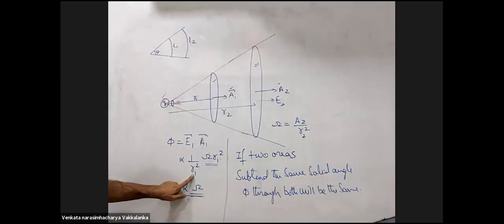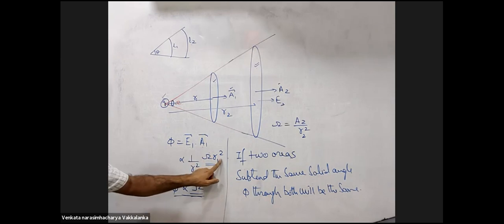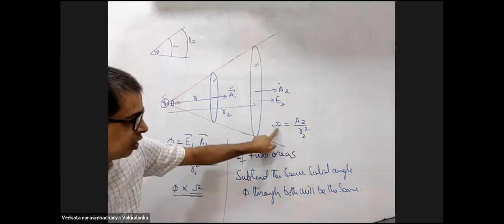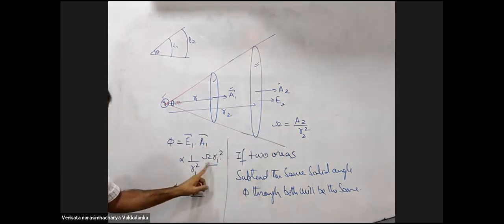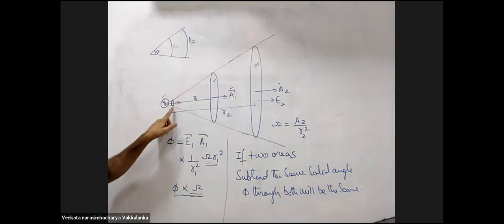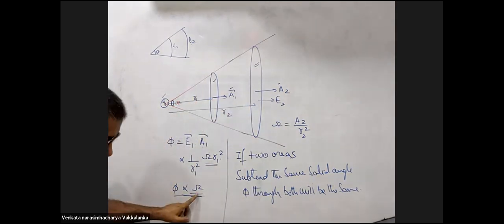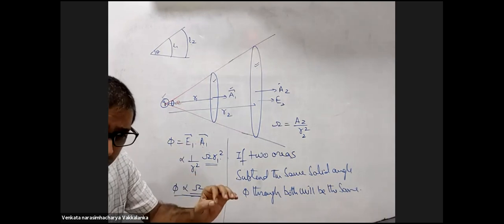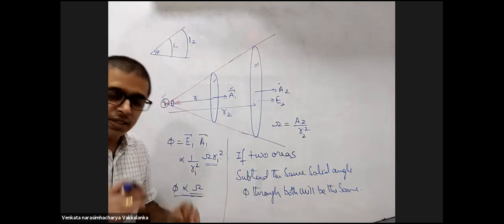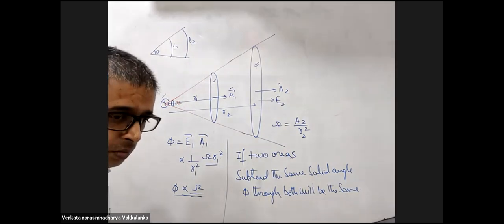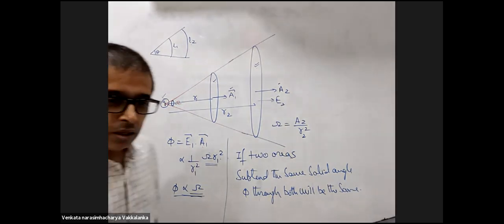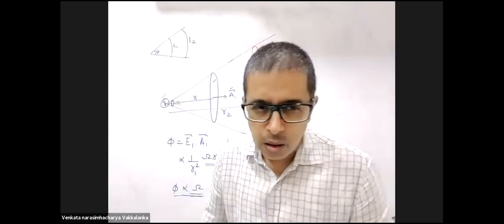Field is inversely proportional to r square, area directly proportional to r square. So if two areas subtend the same solid angle, flux through both of them will be the same. Till here is it clear to all? Yes, sir. So flux will be the same throughout the entire surface.